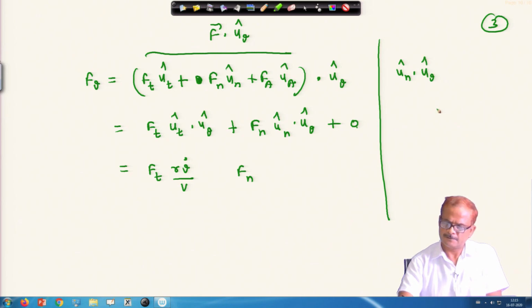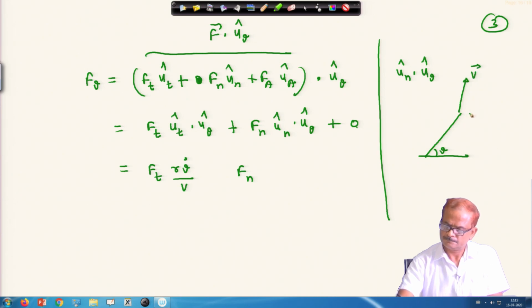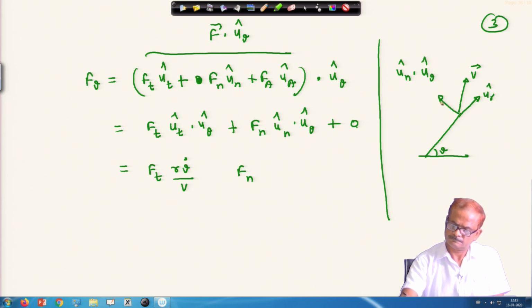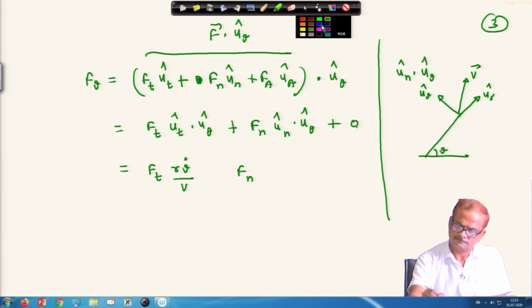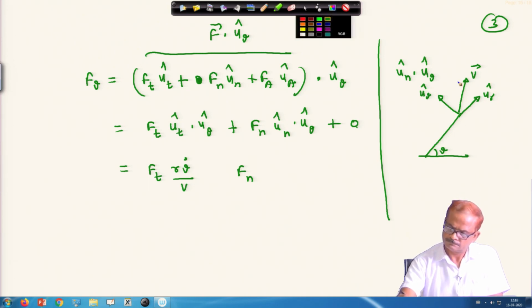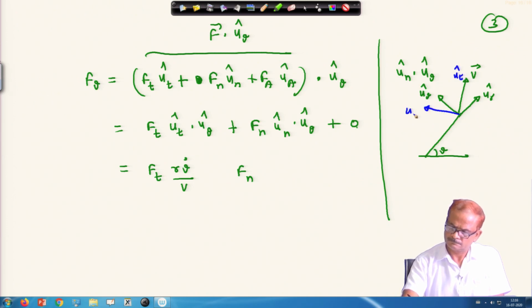For this we can draw a figure here. This angle is alpha, this angle is alpha.